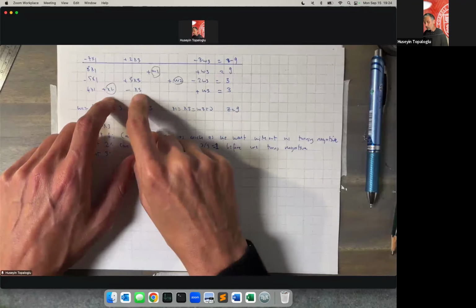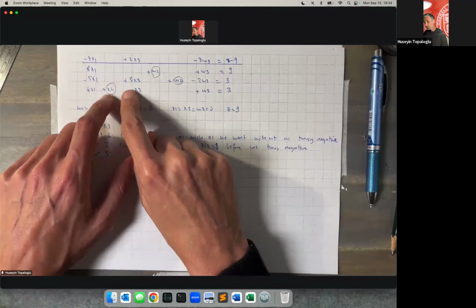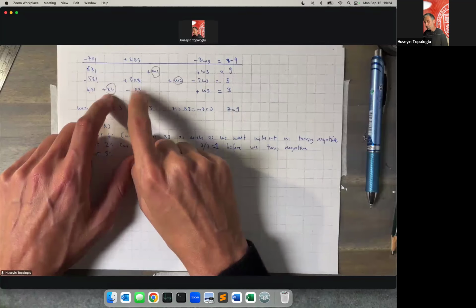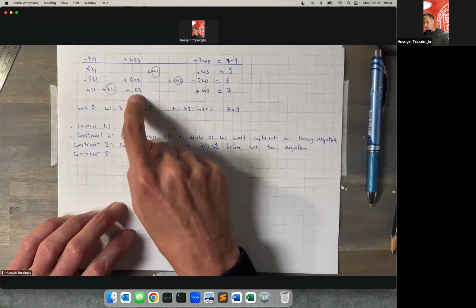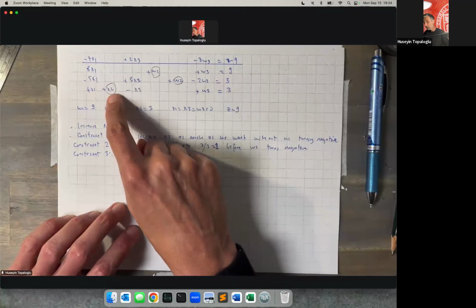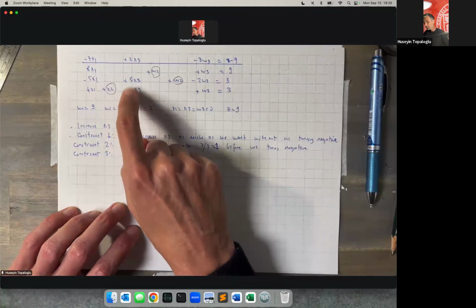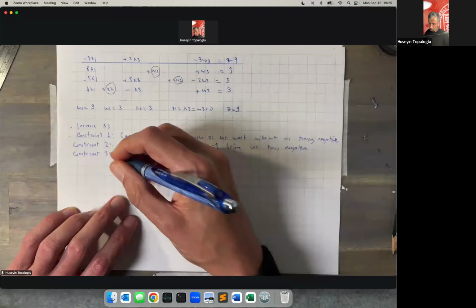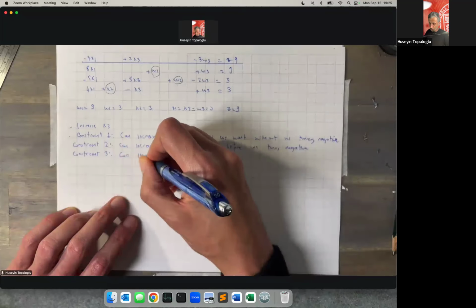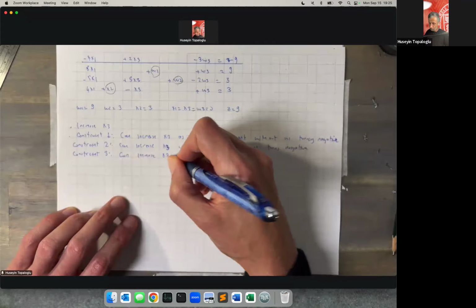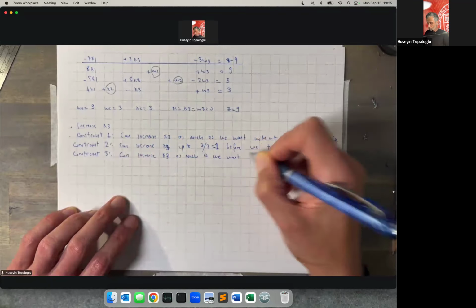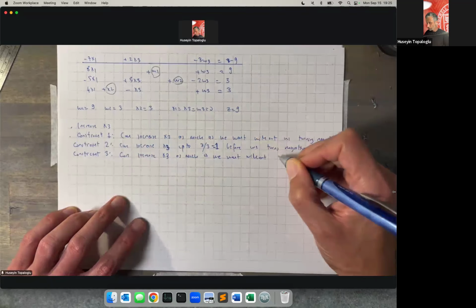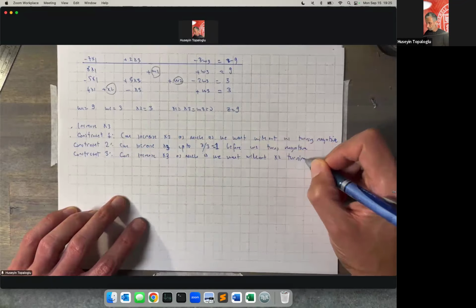If I increase x3 to 1000, so that this is minus 1000, x2 has to be equal to 1003, so that 1003 and minus 1000 is going to equal 3. So from the perspective of the third constraint, I can increase x3 as much as I want without the danger of x2 turning negative. Again, that's because x3 has a negative coefficient in this constraint. So from the perspective of the third constraint, we can increase x3 as much as we want without x2 turning negative.